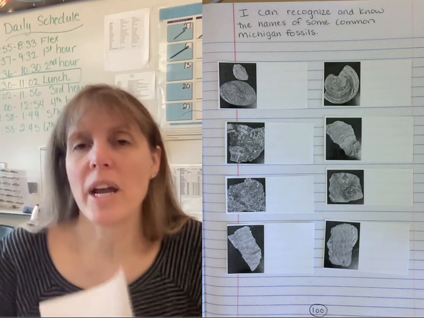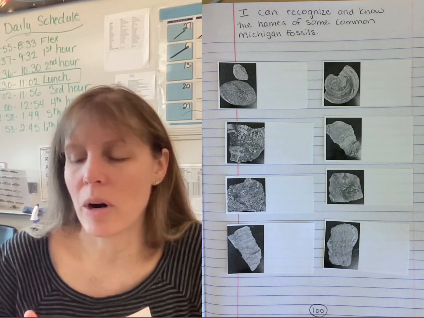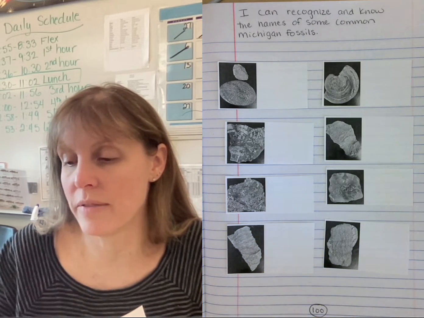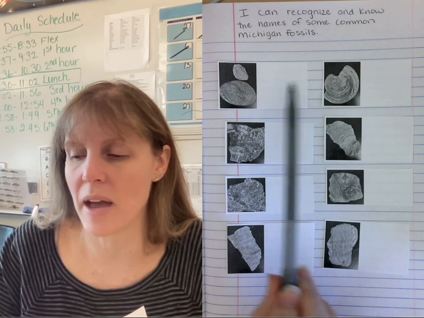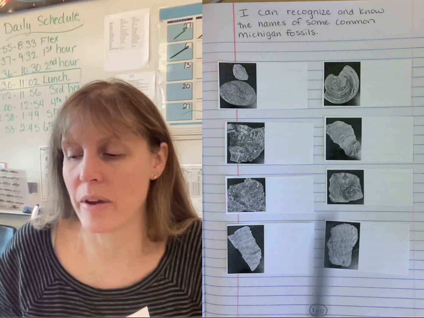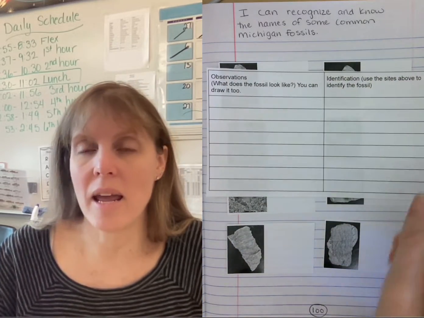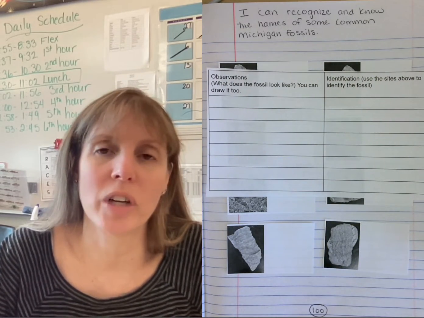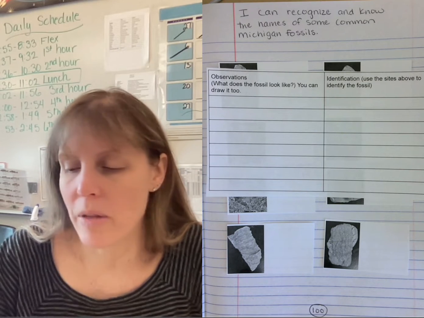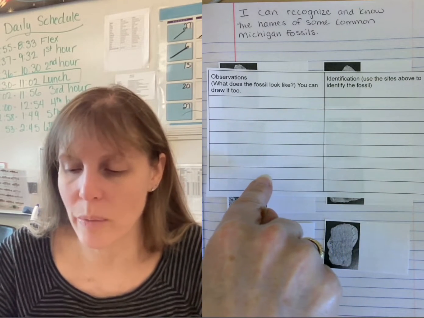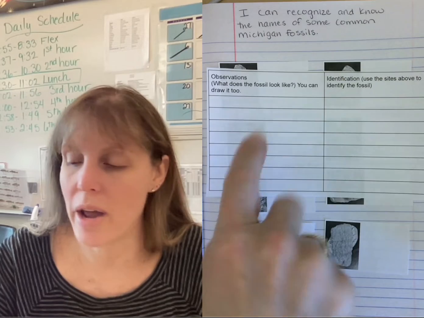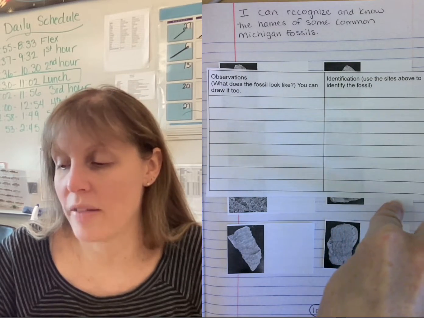So on notebook page 100, you'll have a lab paper that has all pictures of these. So you can either write pictures and then when you identify them, put their names on there. Or you can put in a table, and now I didn't make this table for you, but you can make a table that has observations on one side to tell what the fossil looks like, or you can draw it, and your identification on the other.